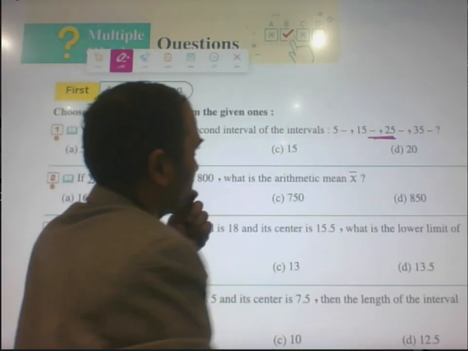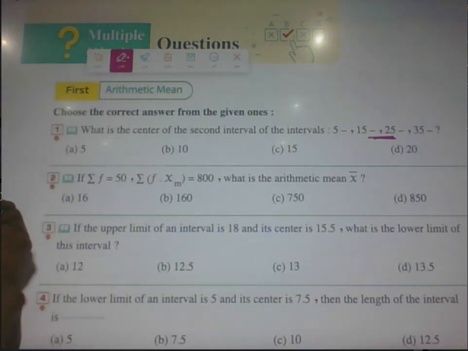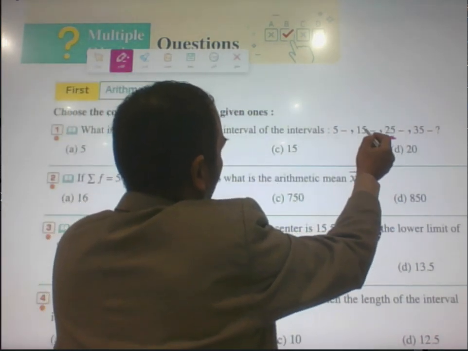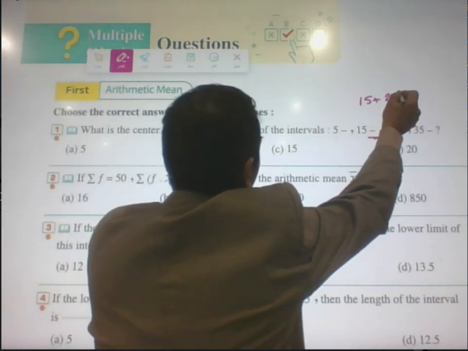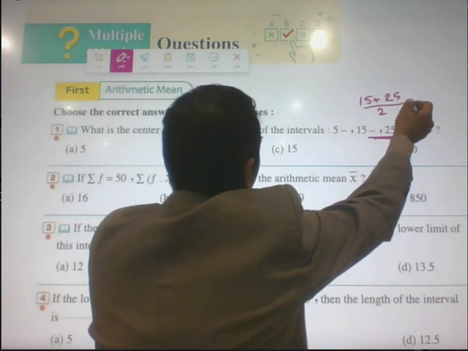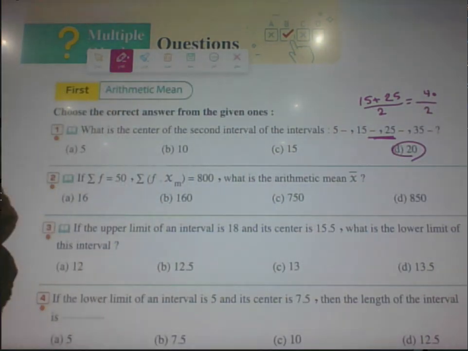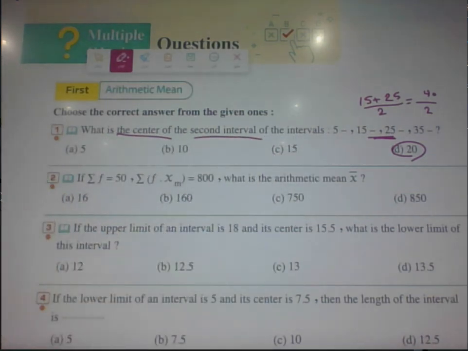We call it the second interval, and the first interval is from 5 to 15. To find the center between 15 and 25, we add 15 and 25, and then divide by 2. The result will be 40 divided by 2 equals 20. Then the center of the second interval will be 20.